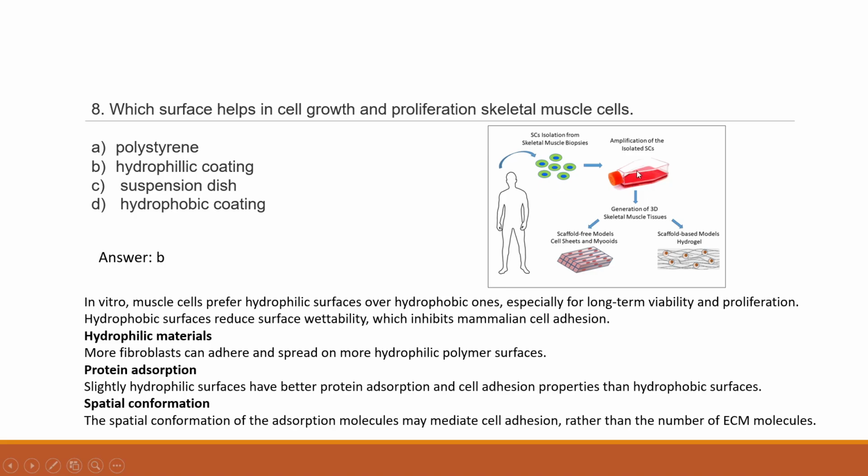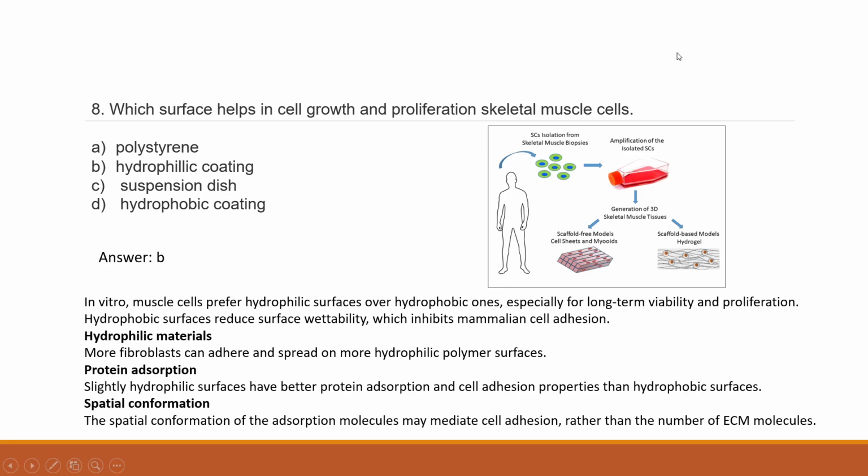Usually we have TC treated plates that have some kind of coating for the adherent cells. When you seed them on such plates, they will nicely attach and then amplify or proliferate. From there you can go to different kinds of plates with different coatings or attachment surfaces to make a different type of model.